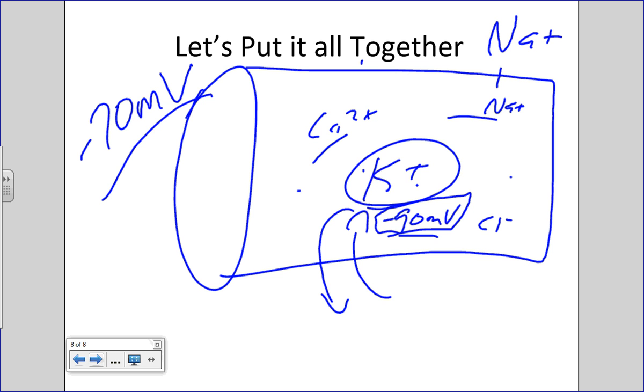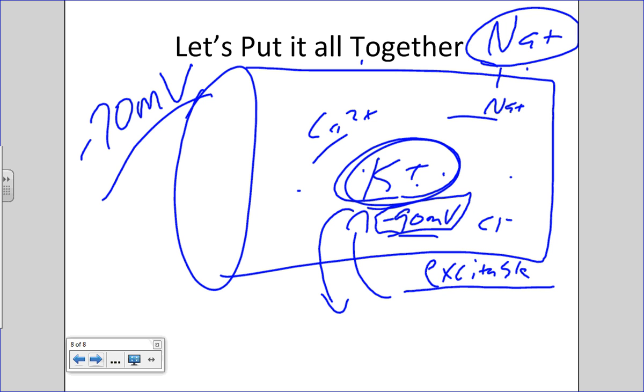We are able to do this because we have normal electrolyte levels in the body. Whenever we have fluid problems, there's a good chance we're going to have electrolyte problems, and vice versa. So whenever you see a person experiencing fluid and electrolyte issues, the tissues that are going to be most affected are the excitable tissues, the muscle tissues and nerve tissues of the body.